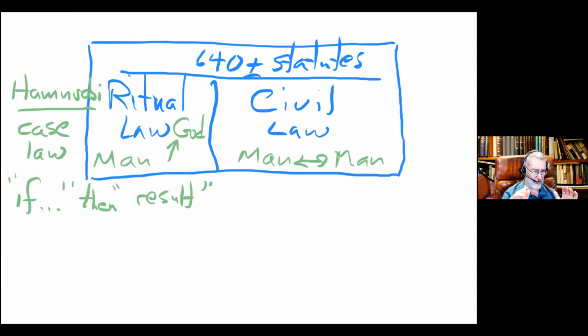So law, even Hammurabi's law, is not a bad thing. It's actually a good thing. And it helps to keep society somewhat more orderly, because people know what the rules are, or at least they have some idea what the rules are likely to be.